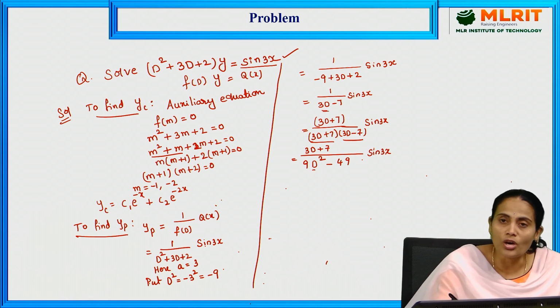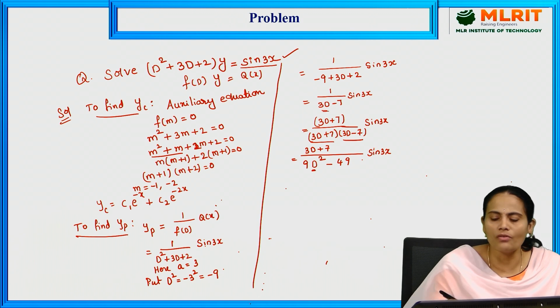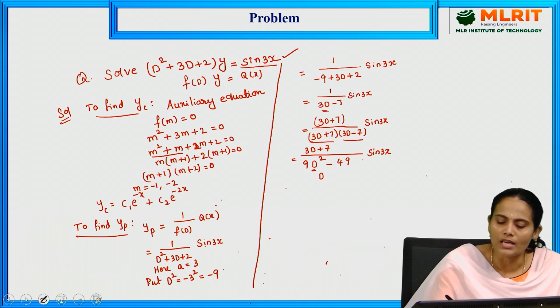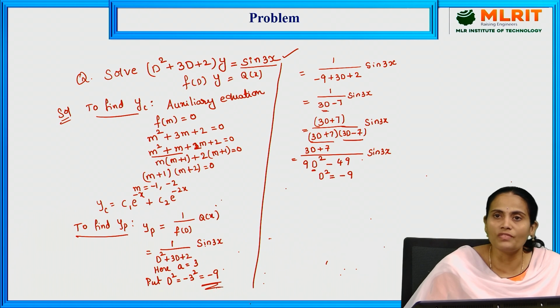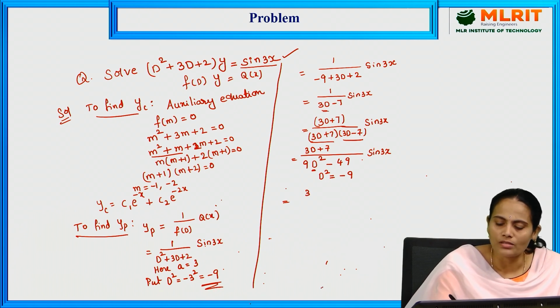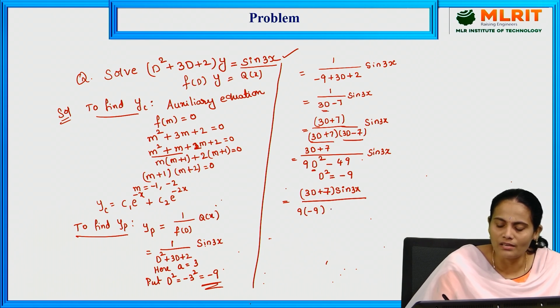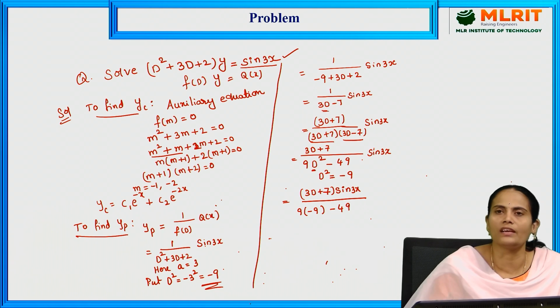Now in the denominator we have D square. Again we have to replace D square is equal to minus 9, the same substitution. So 3D plus 7 into sine 3x divided by 9 into minus 9 minus 49.